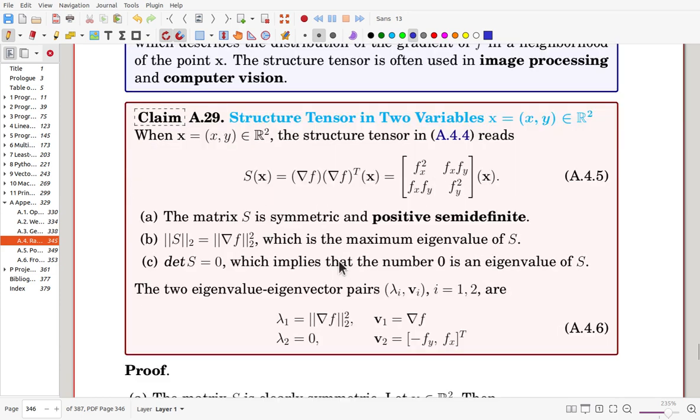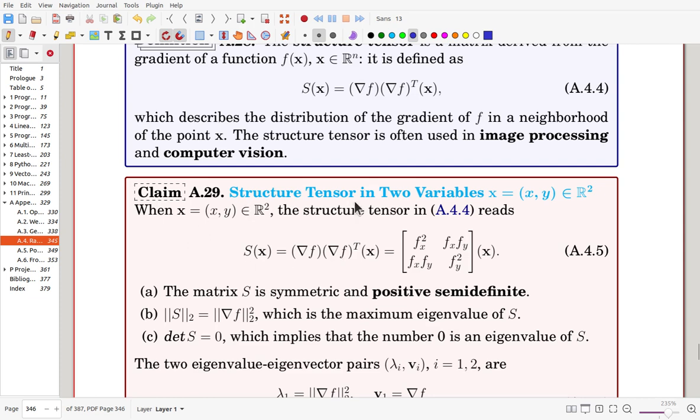Let's see this claim. Structure tensor in 2 variables. Because an image is defined in the plane, let's consider a function in 2 variables. So x is now (x, y) in R^2. Then the structure tensor in this form, the definition, can be written explicitly in this way.